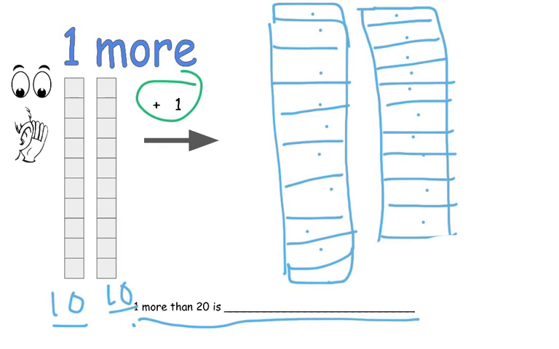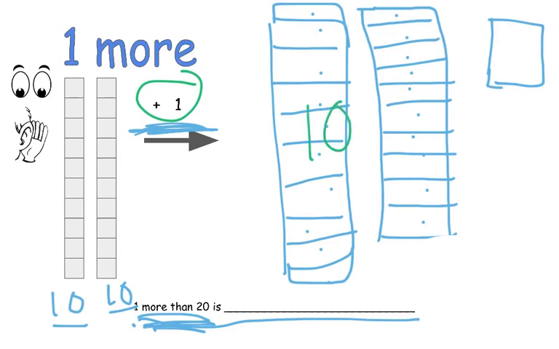Now I need to draw one more because it's asking me what is 1 more than 20. So I have 20, now I'm going to draw one more. So I have 10, 20, 21.